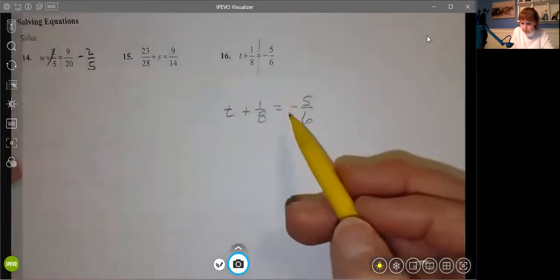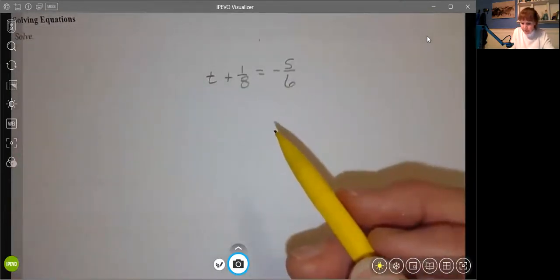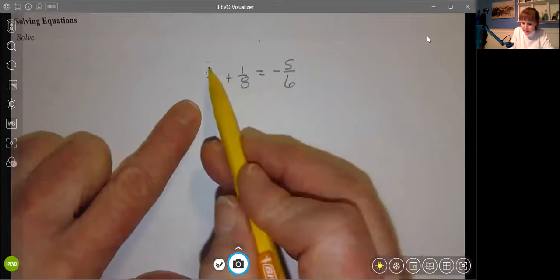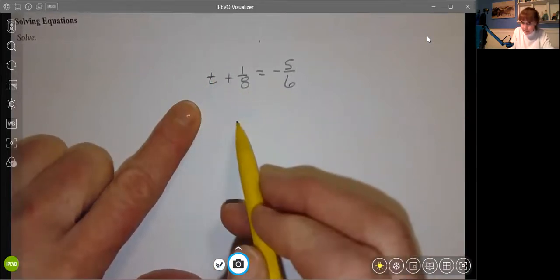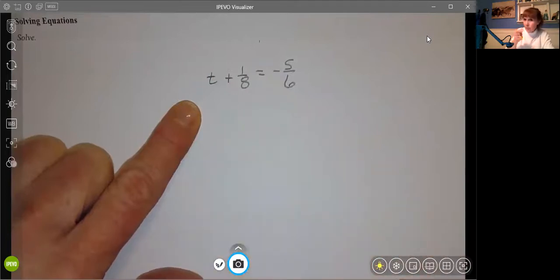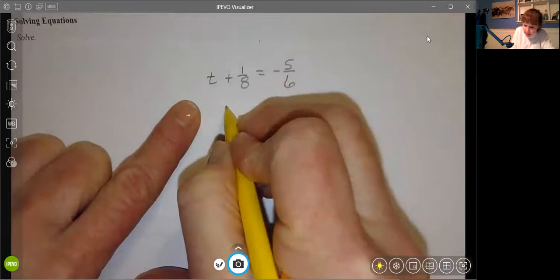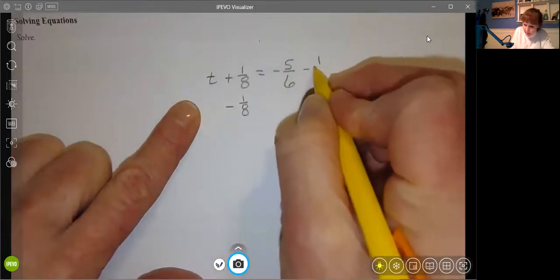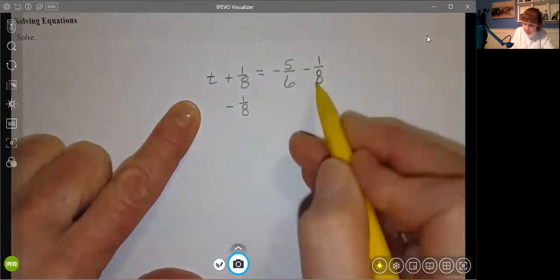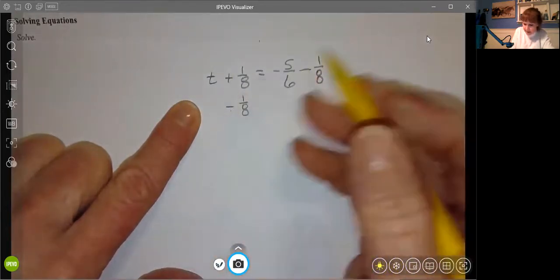I just copied it over, makes it a little bit larger. Now to get this by itself, whenever it's plus, you're going to add the opposite. If it's multiplication, we would be doing the reciprocal from the last section. So negative 1/8, or subtract. Subtract is the same idea.